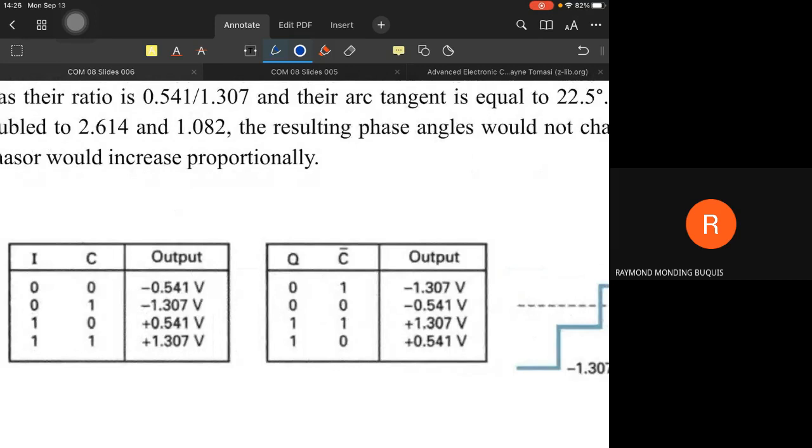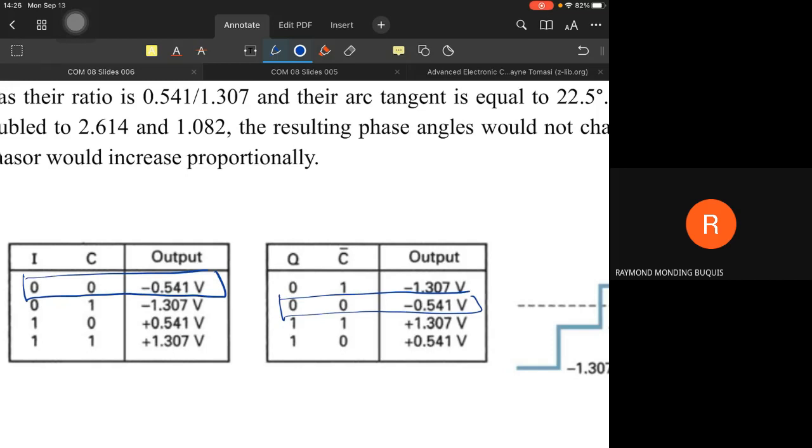So positive 1.307, positive 0.541, negative 1.307, and negative 0.541. They are the same here, right? Notice that the 00 of I and C is the same as the 00 of I and C bar.